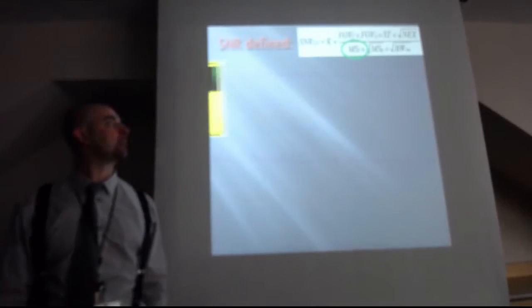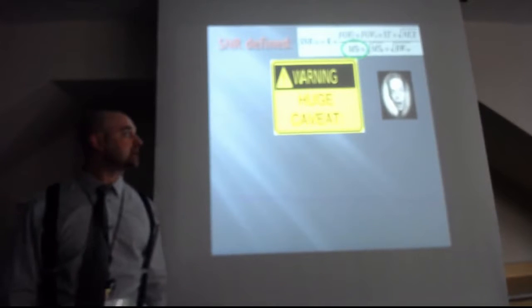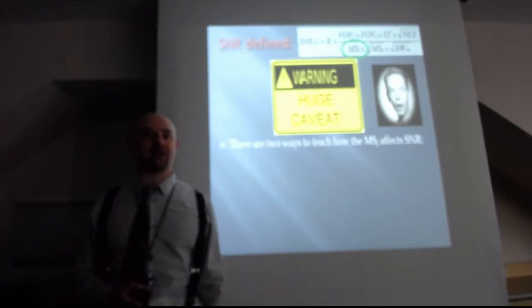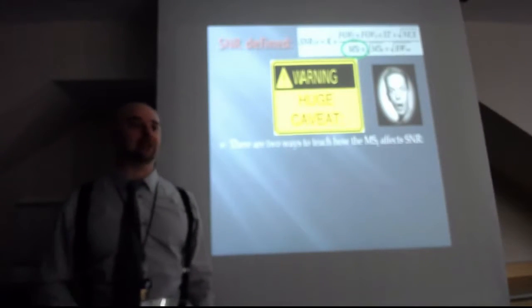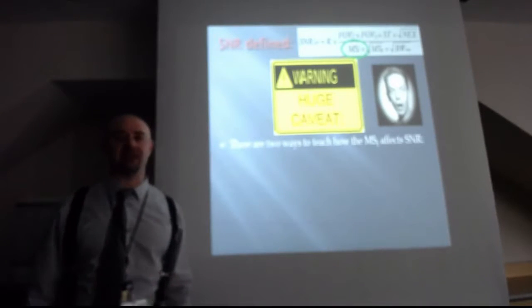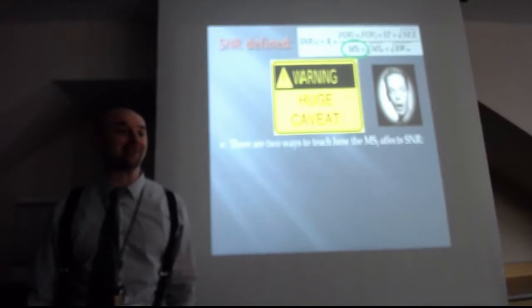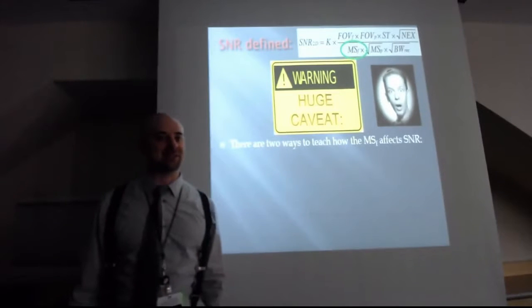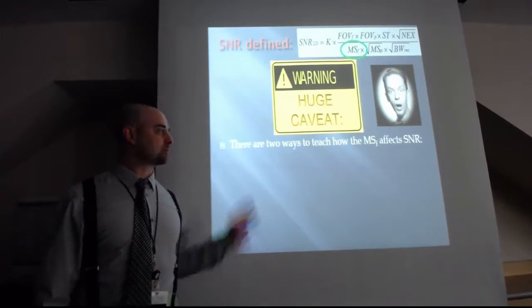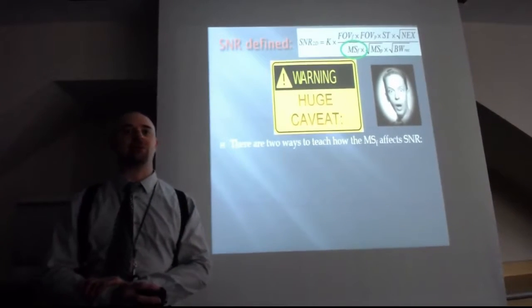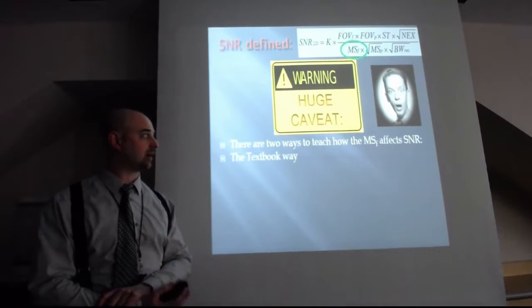Okay. So this is the part in the lecture where I decide to diverge on a Red Bull-inspired tangent about why textbooks are wrong, or I just teach you what you need to know for the test. There are two ways to describe how the matrix size and frequency direction affects your SNR.